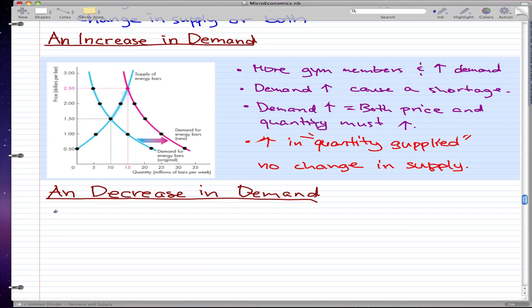So, a decrease in demand, I'll just note some points down. A decrease in demand arises from people switching to substitutes.